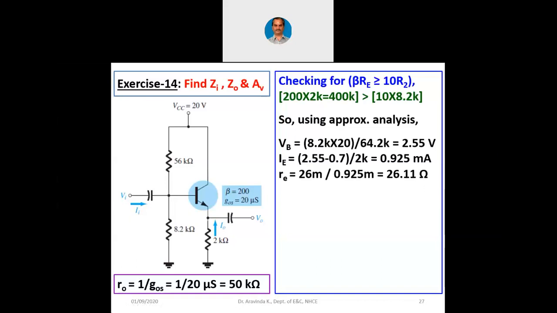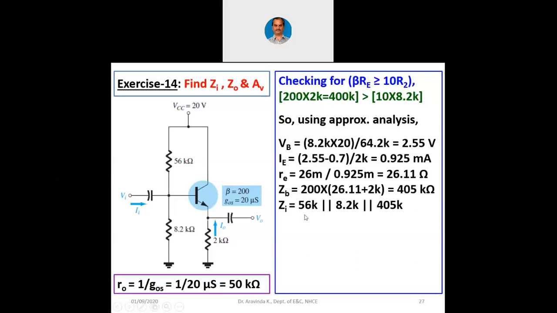Later on, all the formulae are one and the same. The only thing is for input impedance calculation, instead of RB, we have to substitute R1 parallel with R2. So ZB is beta into re plus RE. Yesterday we had seen. So that is 405 kilo ohms. Now ZI is 56K parallel with 8.2K parallel with ZB.